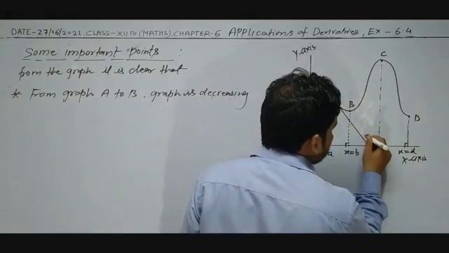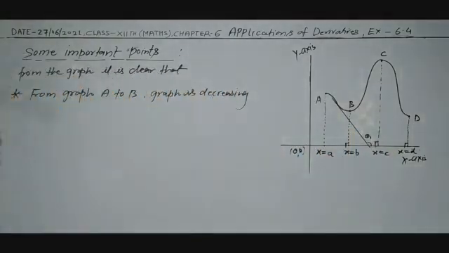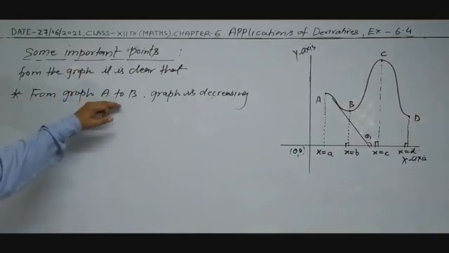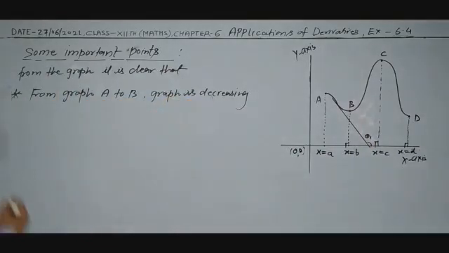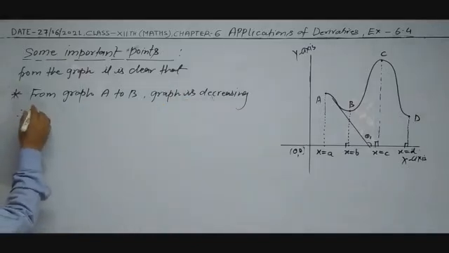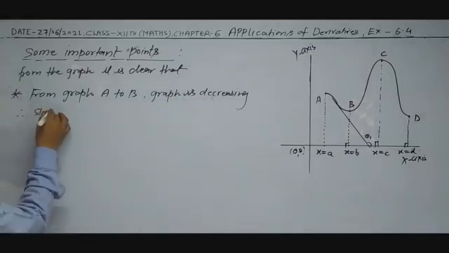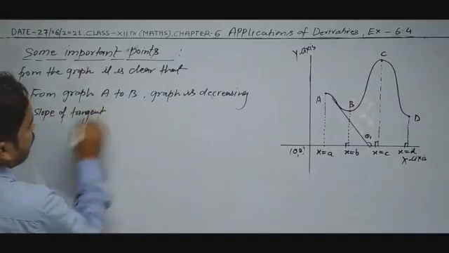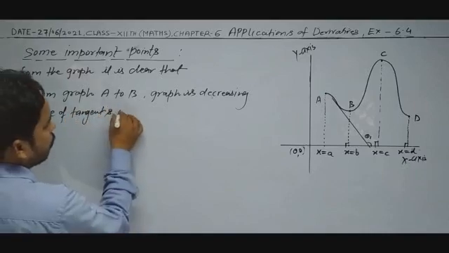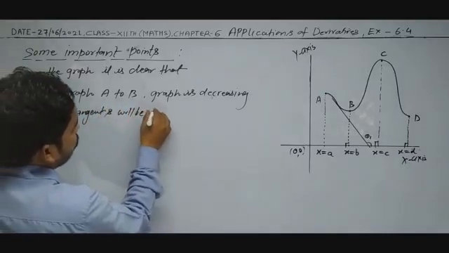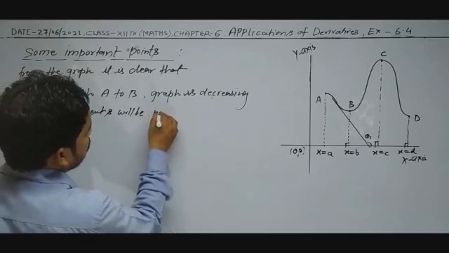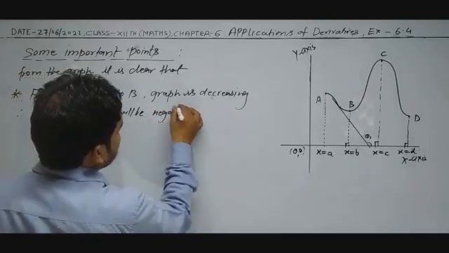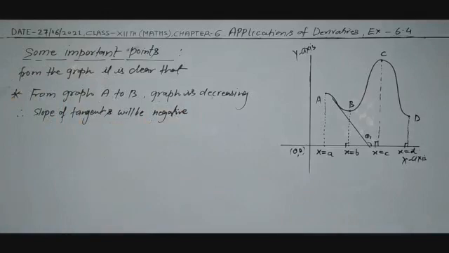Suppose this is theta 1. From graph A to B, the graph is decreasing, therefore the slope of the tangents will be negative.